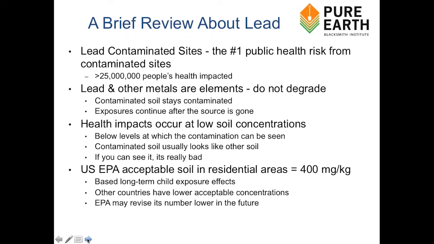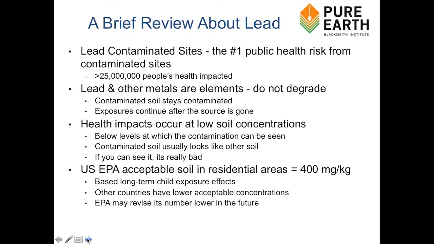The health impacts occur at low soil concentrations below what you can see. So contaminated soil usually looks like everything else, and if you can see it, it's really bad. This is a real problem in the field, communicating the risks of lead to communities because they can't see it, but it's still bad.